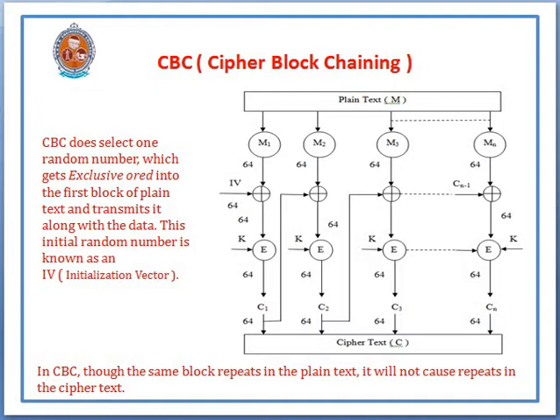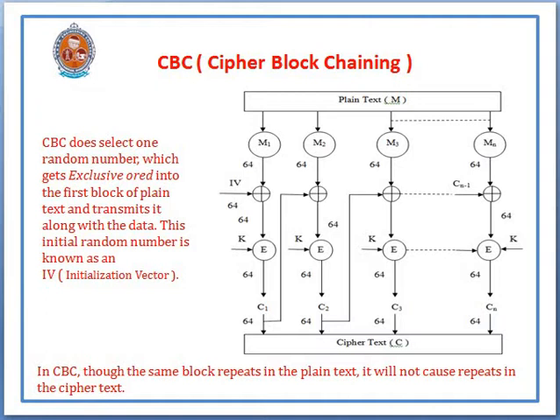Now in this diagram we have to observe that M1 undergoes the XOR operation with IV. This is what we call the initialization vector, which is some random number. Now the output is encrypted by using K to get C1. This C1 is forwarded to the next round XOR along with M2.